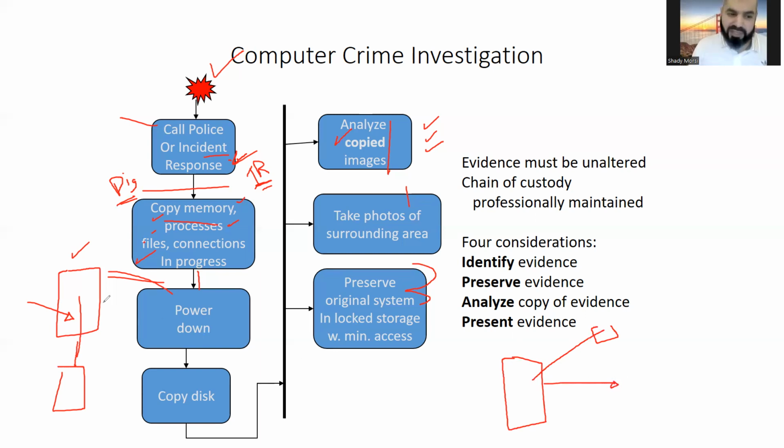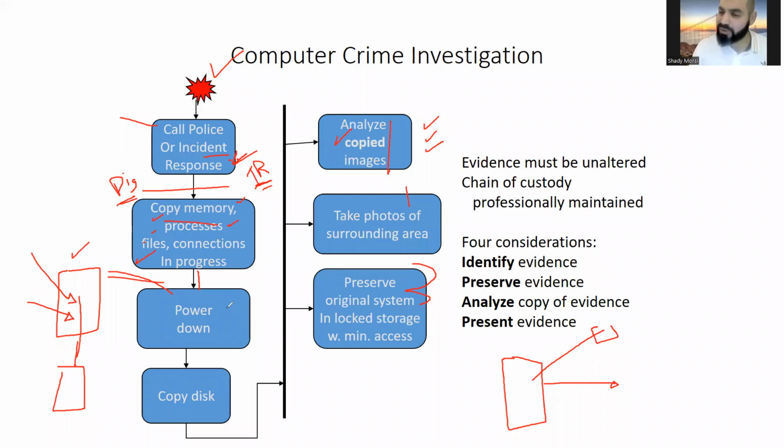Imagine if he started to work on the real computer, the main or original computer, and he messed up the evidence. What happens is, if he takes it to court, and the court says, okay, we will get someone else to analyze the system and see if he can reach the same results or not, he will not be able to reach the same results. Why?